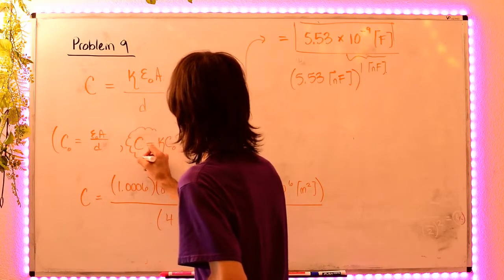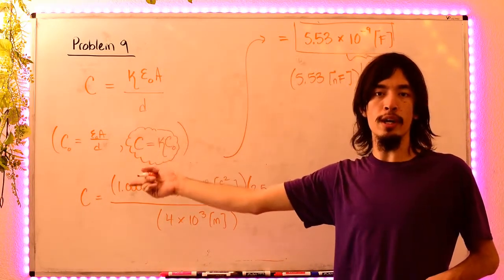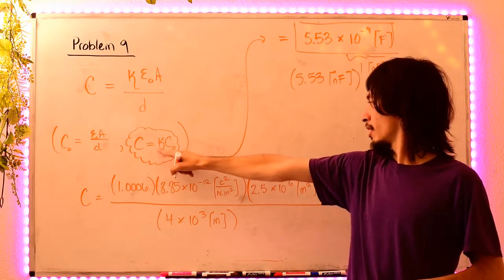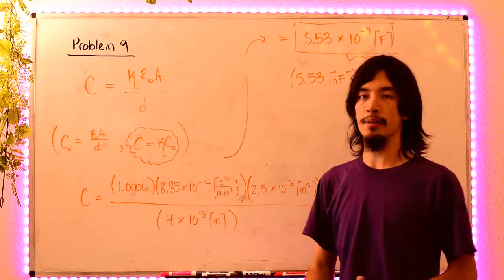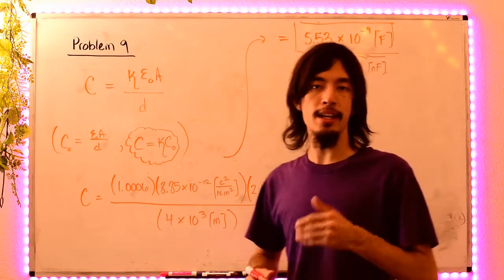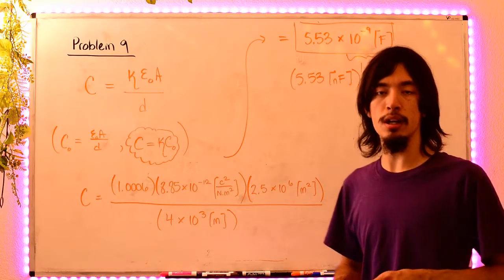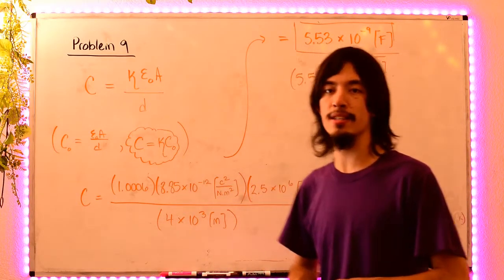So this equation describes that the capacitance will increase based on a factor of kappa for the dielectric constant. And we know that the dielectric constant is greater than or equal to 1, based on the concept that it can only increase its capacitance.